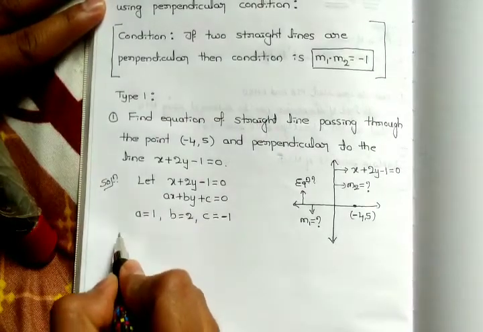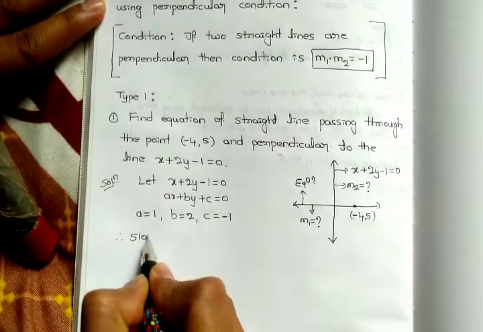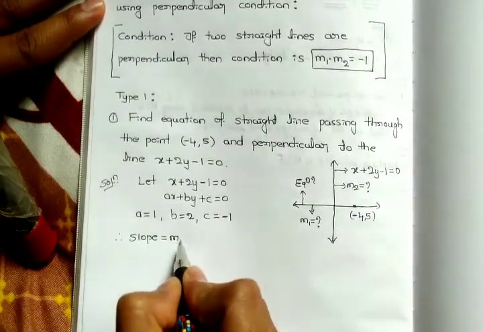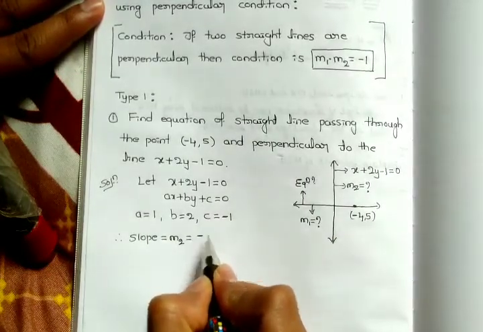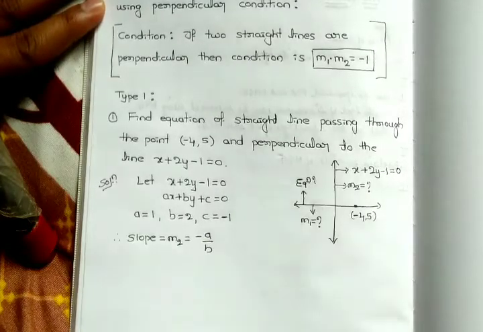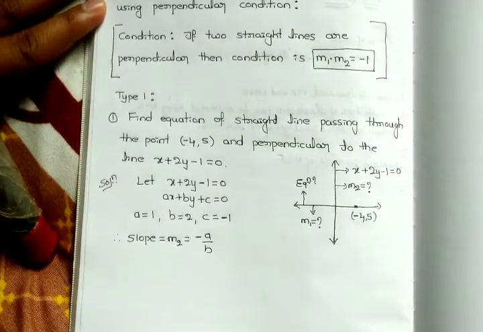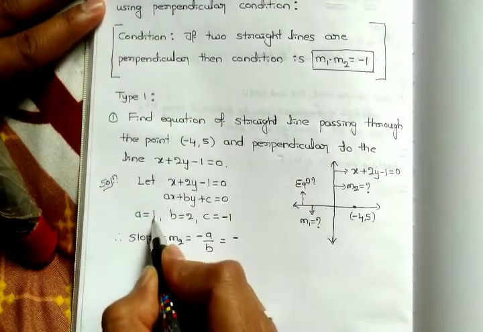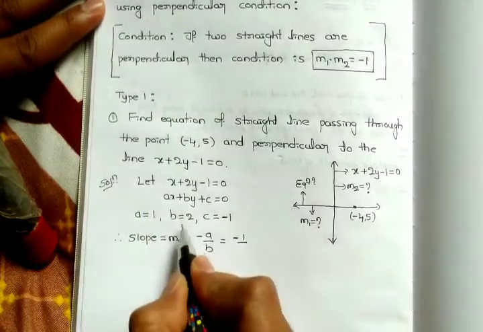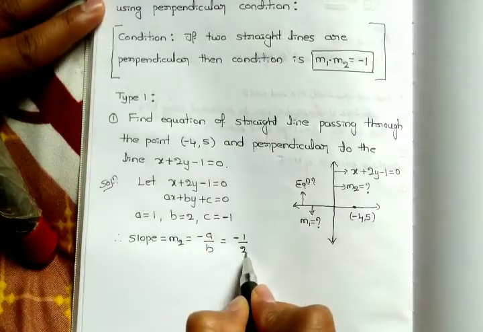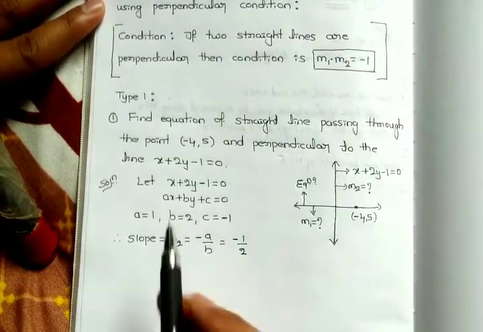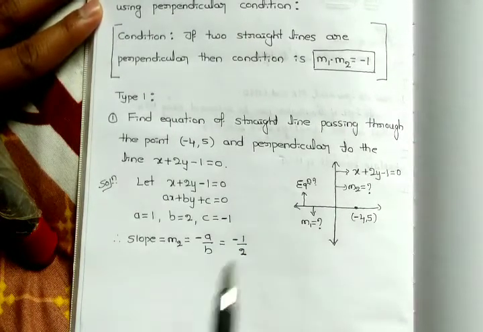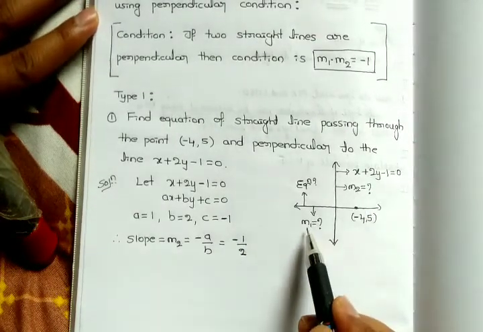Therefore, the slope of the second line, m2, is equal to minus a divided by b. So minus, keep it as it is, a value is 1 upon b value, which is 2. So you got the m2 value as -1 divided by 2.